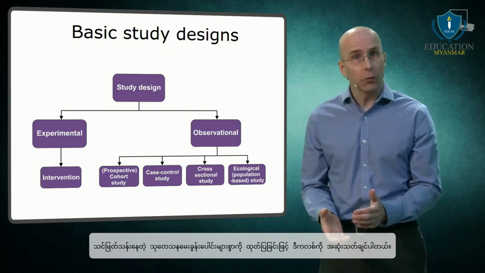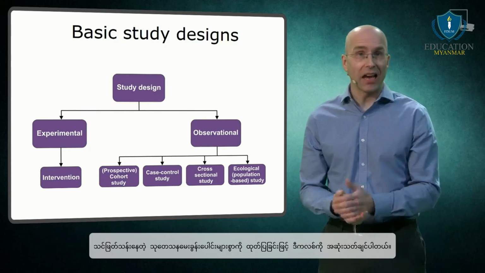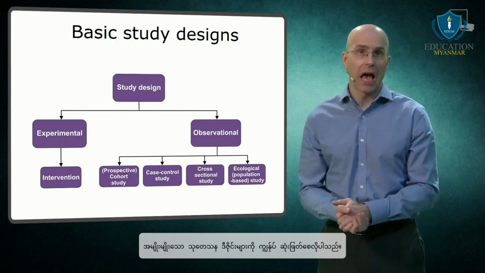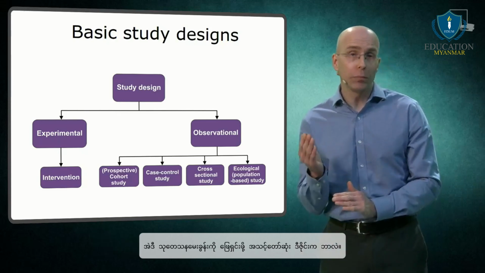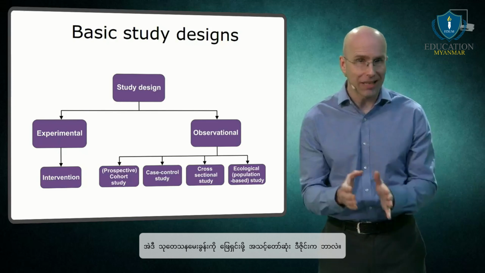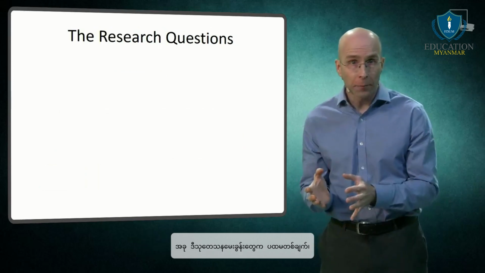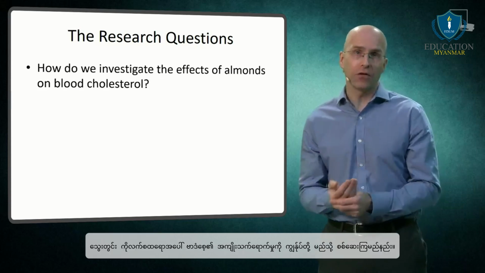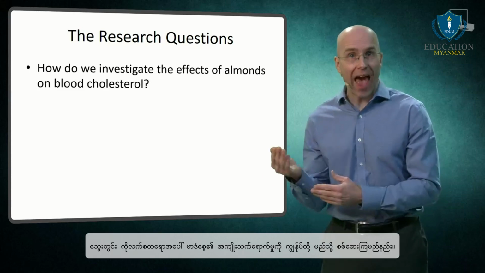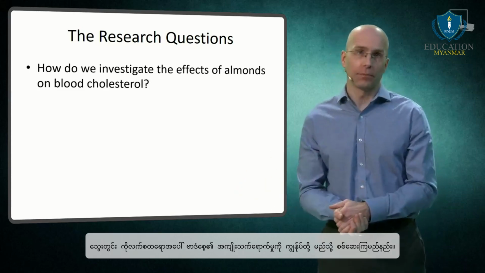I want to end this clip by raising a number of research questions, and as you go through the various research designs, I want you to determine what would be the most appropriate design to address that research question. Now, these research questions are, first one, how do we investigate the effects of almonds on blood cholesterol?